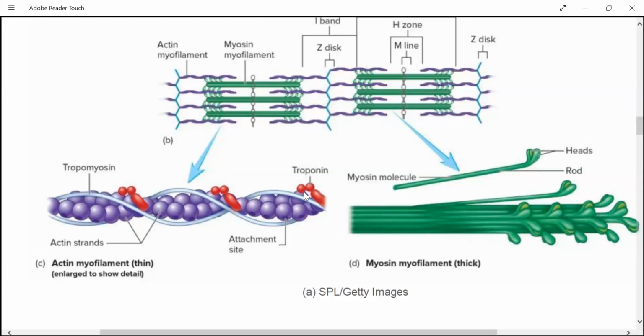Calcium attaches to troponin, and when it does, it helps pull the tropomyosin out of the way. That reveals the binding site, and that way our myosin can grab onto the actin for a contraction. When the myosin and actin contract and slide, we call that a power stroke.